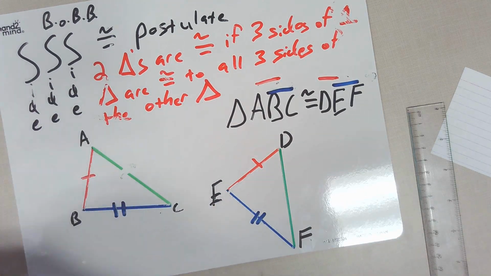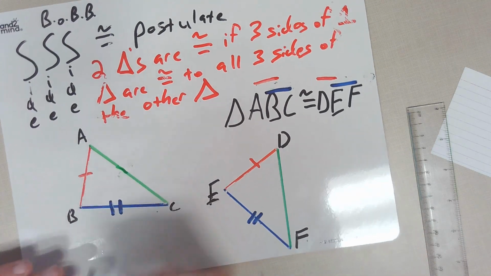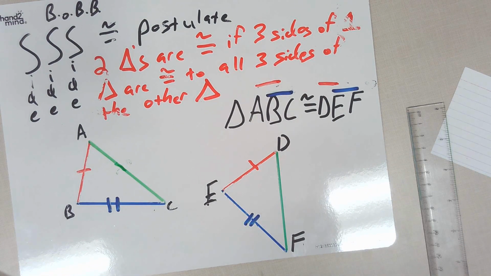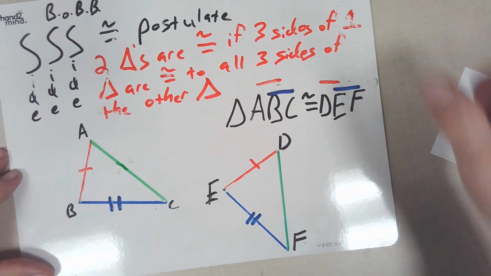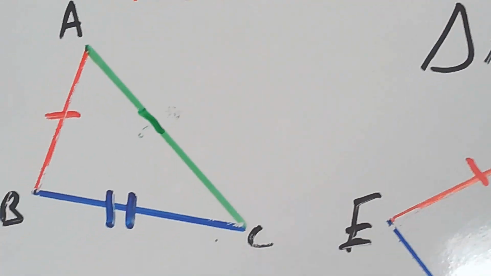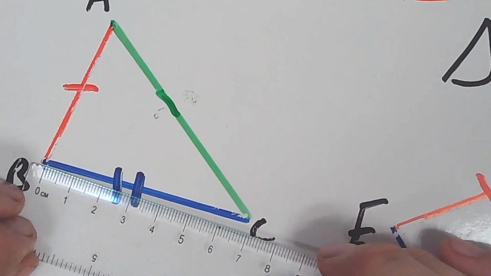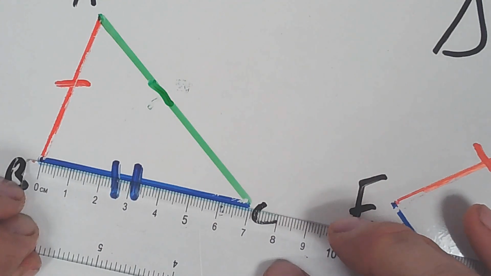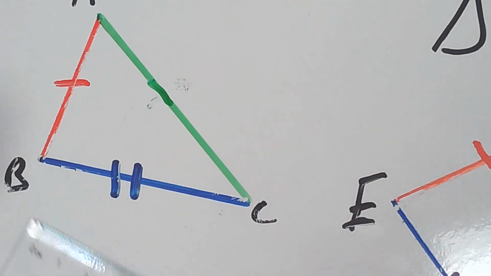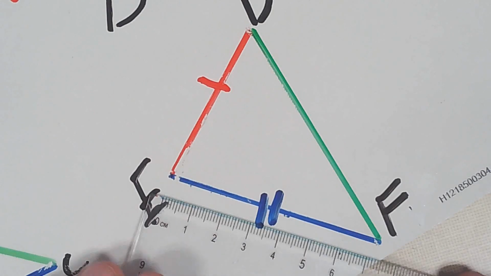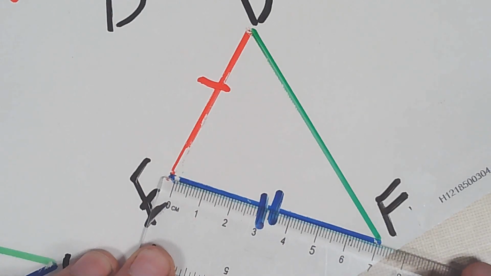BC and EF should be congruent. So BC and EF, BC is about 7 centimeters, and EF is about 7 centimeters.